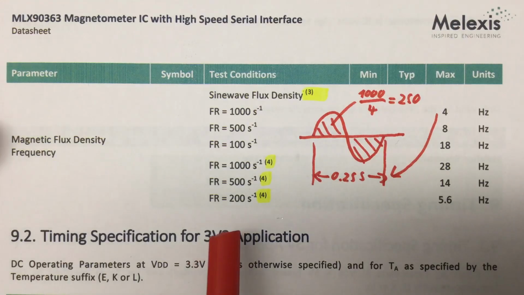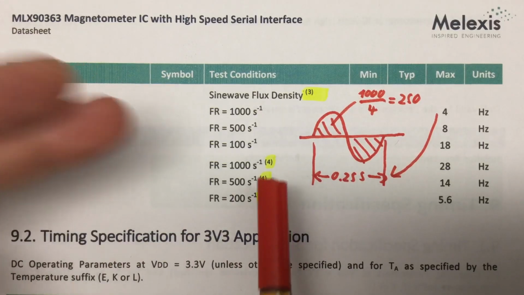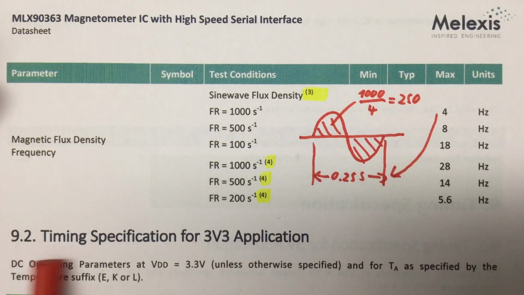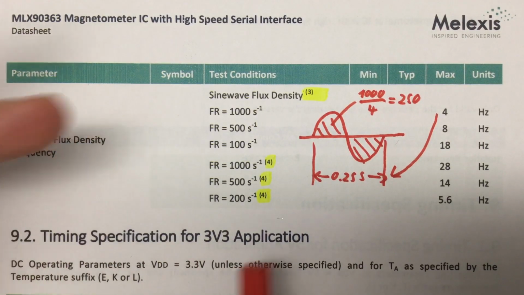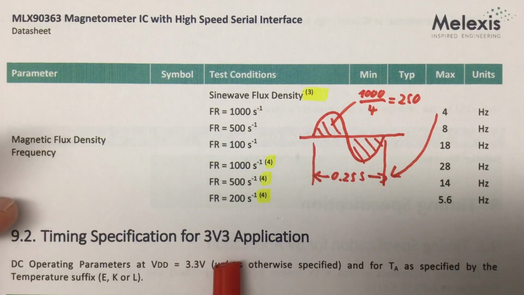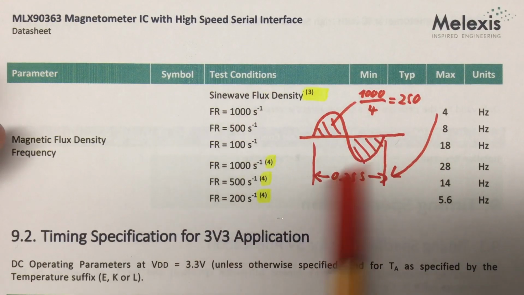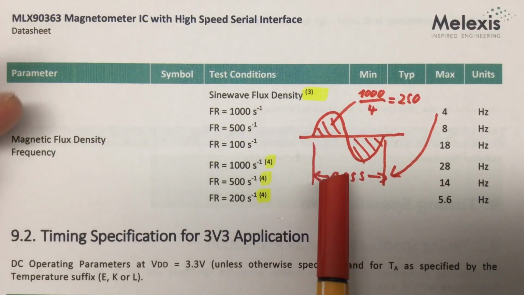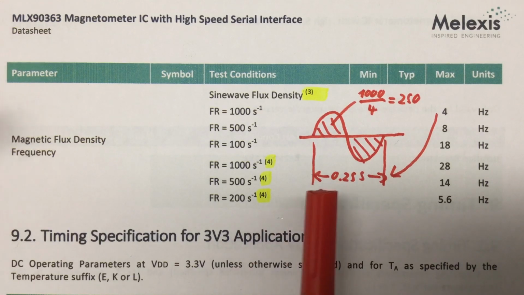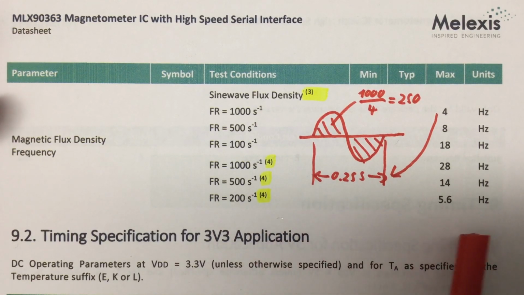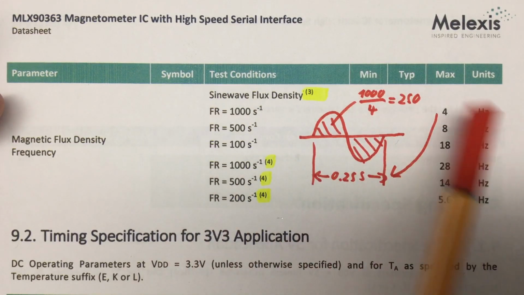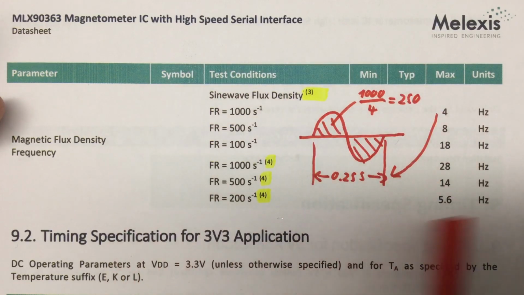Yeah. The magnetic flux density frequency is of course not given in chapter 10, but in chapter 9. 9.2 contains the values for 3.3 volt operation, and 9.1 for 5 volt operation. And to be honest, I can't make sense of these numbers here.